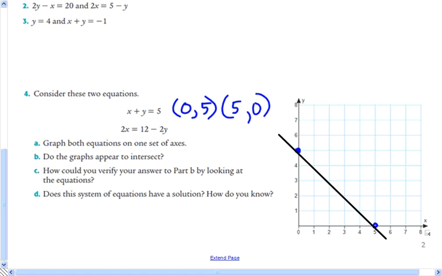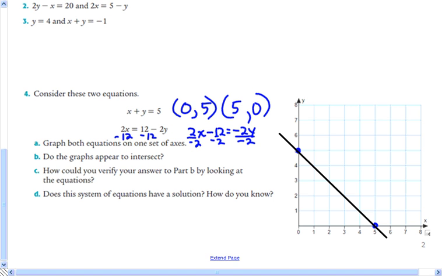Okay, and then the other equation, let's solve that for y. So subtract 12 from both sides. When I do that, I get 2x minus 12 is equal to negative 2y. Then I'm going to divide both sides by negative 2.